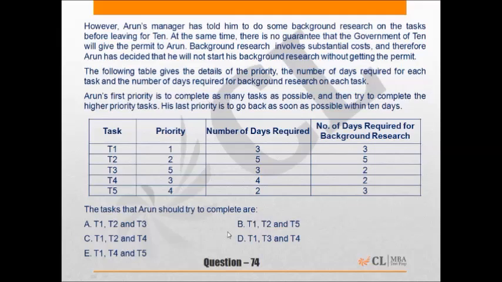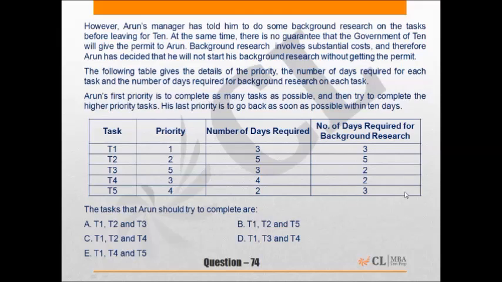So his priorities remain the same as they were for the previous question: completing as many tasks as possible, second, giving preference to priorities, and third, going back as soon as possible within 10 days.